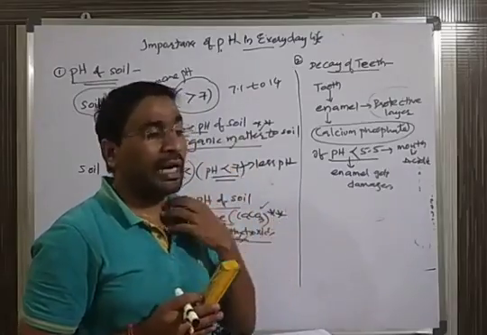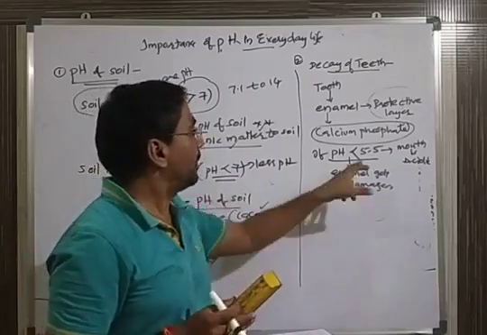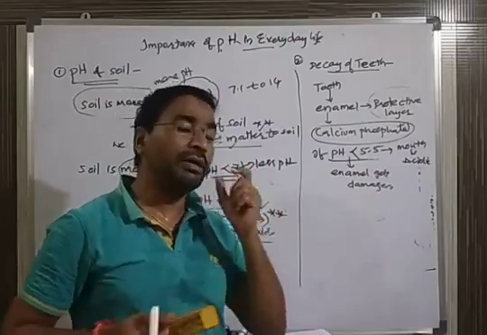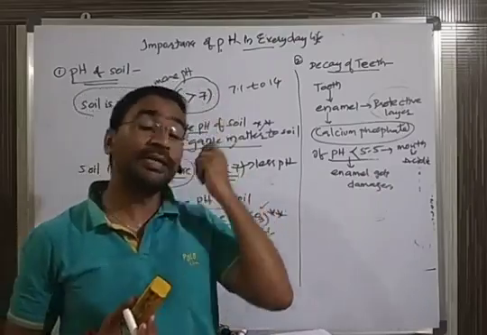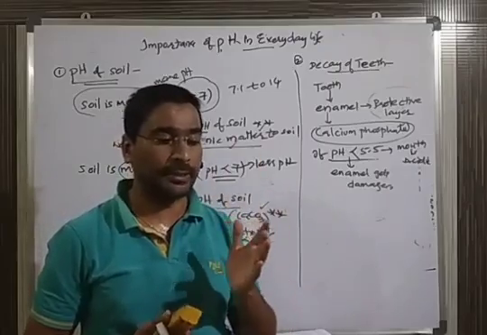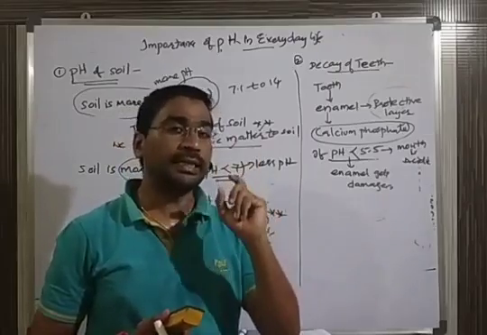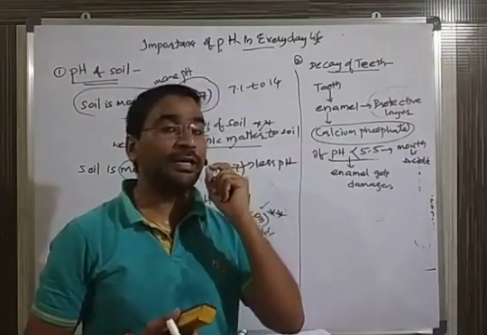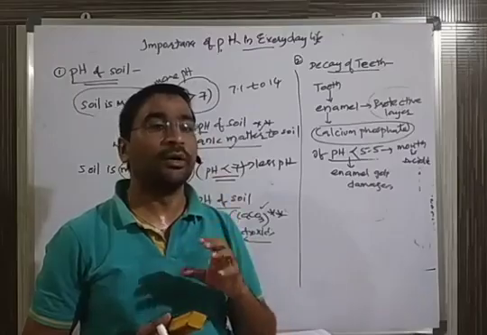You can ask me a question, sir, when will these conditions exist? Whenever you eat more sweet items, sugary items especially, we observe that teeth decay fast in kids. Why so?